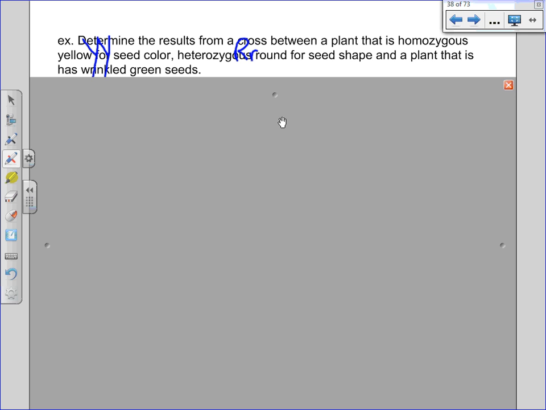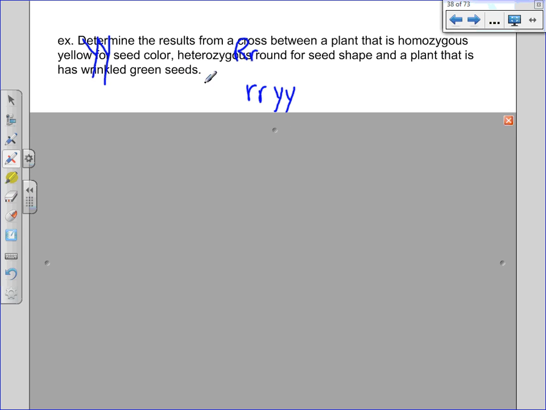So determine the results from a cross between a plant that's homozygous yellow for seed color, so big Y, big Y, because it's dominant, heterozygous round, so big R, little r, for seed shape, and a plant that has wrinkled green, so little r, little r, little y, little y.